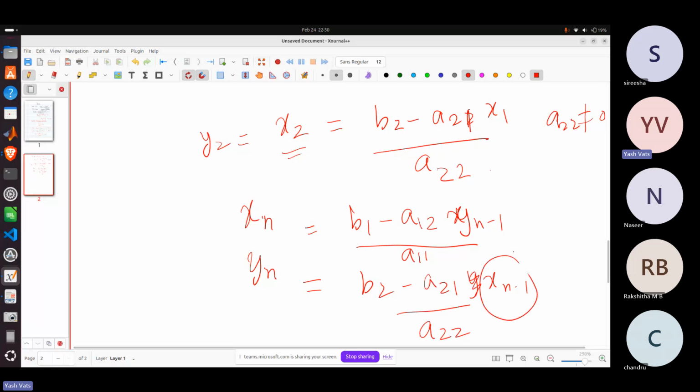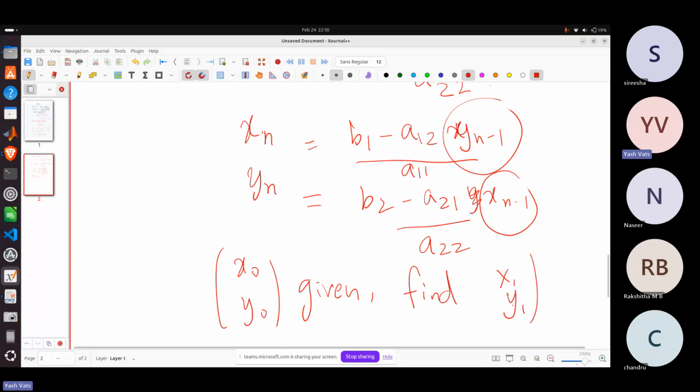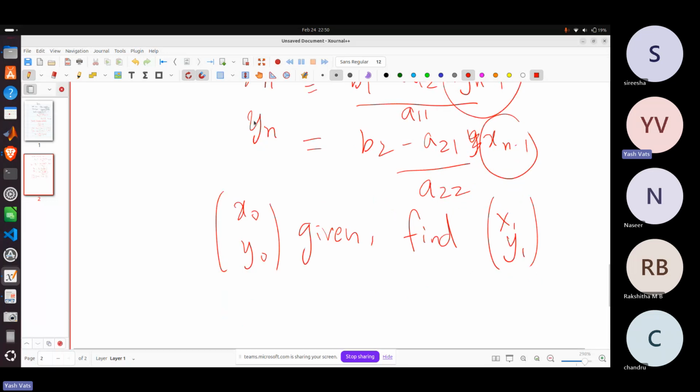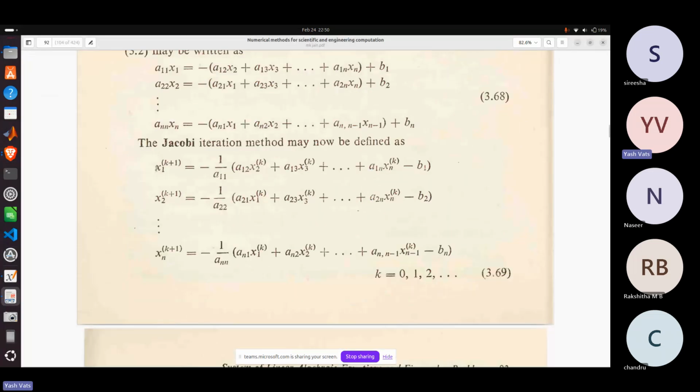You know these values, x_{n-1} and y_{n-1}. This is your x_0, y_0 given, and find x_1, y_1. Is this clear? And you can similarly do the same iterations. That's what it says. You don't need to update. So here if I go, it is also saying the same thing.